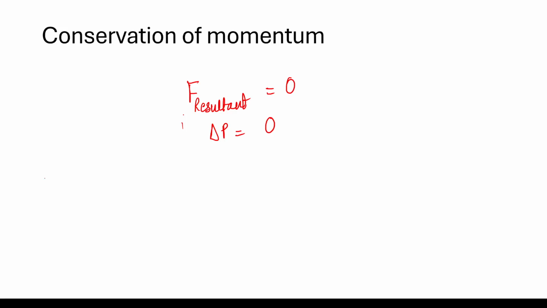That means the total momentum before collision is equal to the total momentum after collision. So I'm just going to write here: total momentum before is equal to total momentum after.